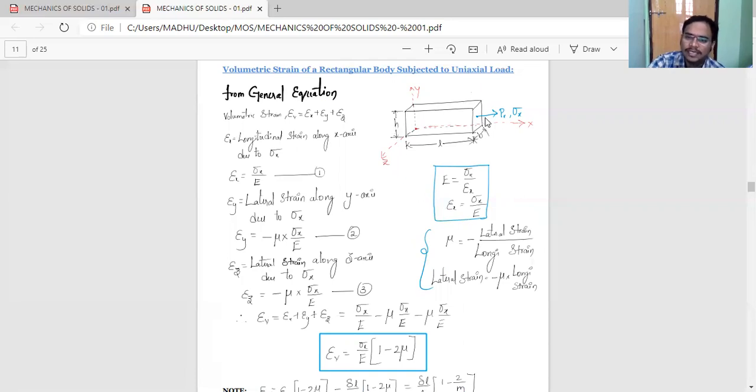So the uniaxial load is Px. Here P is the load, a tensile load which is acting along the direction of, or parallel to, the x axis, or perpendicular to the z and y plane.